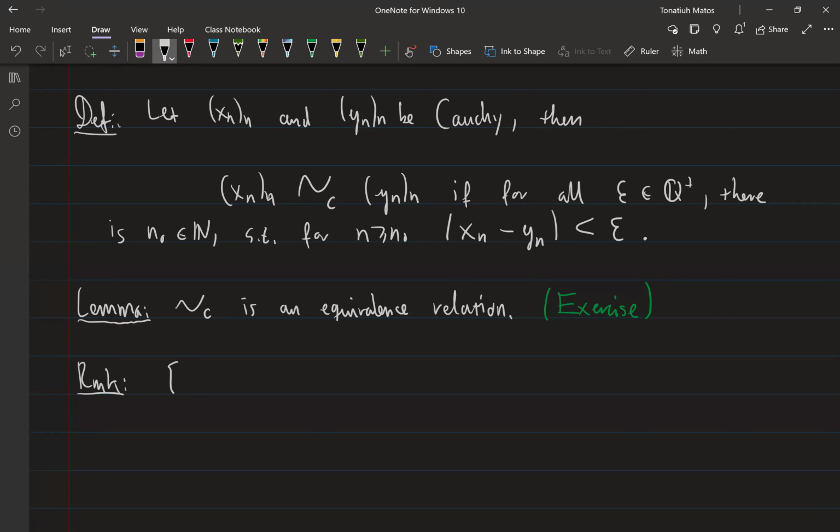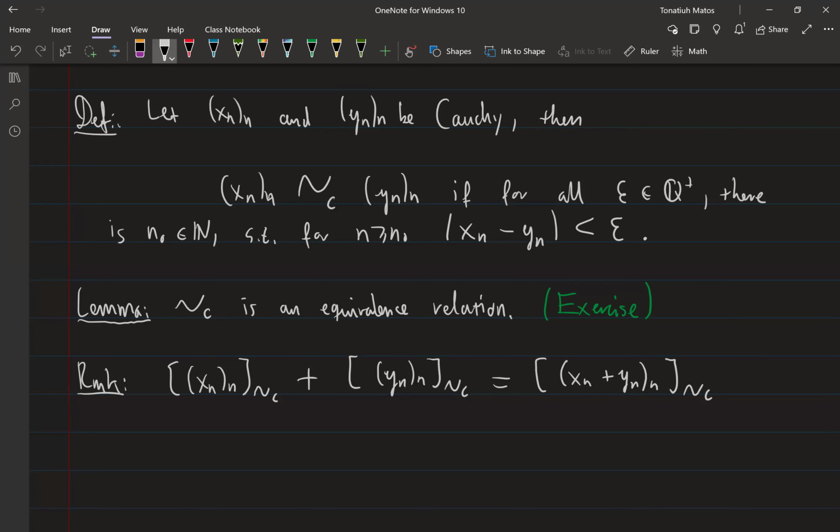let's say if we have an equivalence class of xn under this equivalence relation, and I want to add it to another equivalence class, then one way to define this is, of course, we already know that if you add two Cauchy sequences together in this fashion, we get a Cauchy sequence.